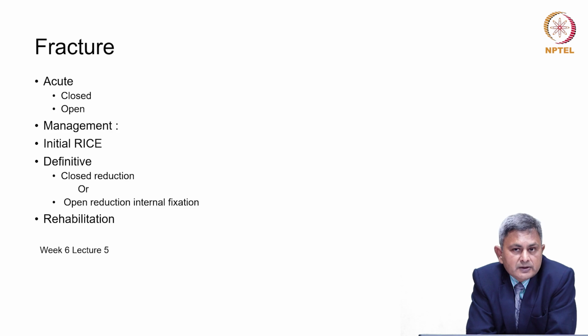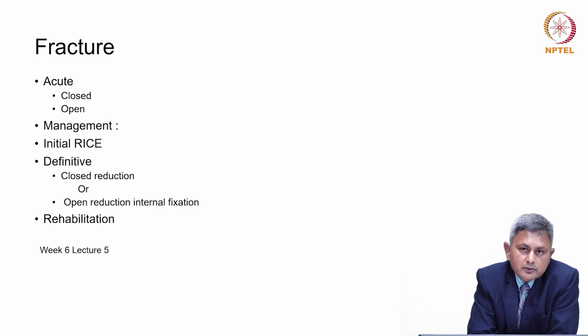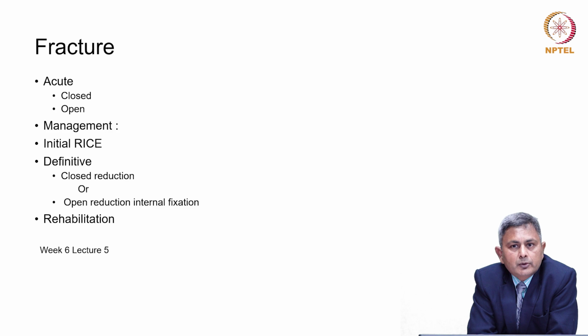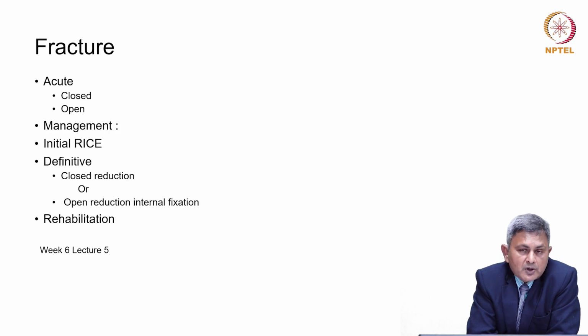So, fracture is an acute injury because it occurs with a single episode of any kind of blunt trauma, oblique twist, or sudden trauma. As per the definition, a discontinuity in the bone is known as a fracture. Generally, there are two types, closed and open.